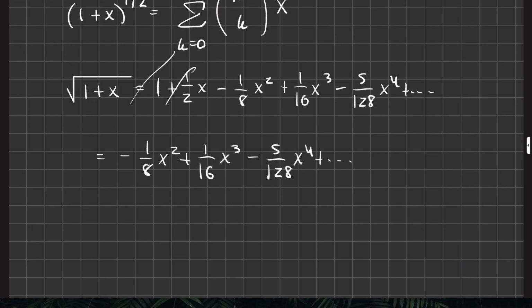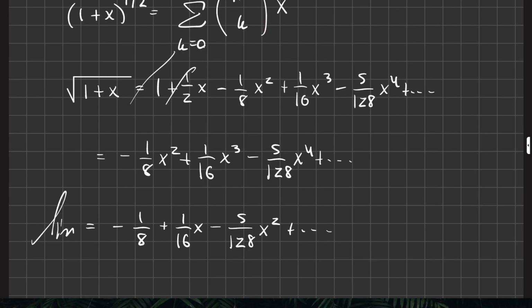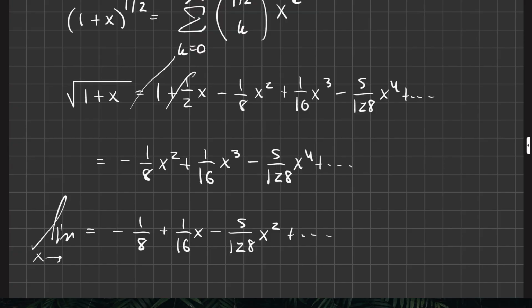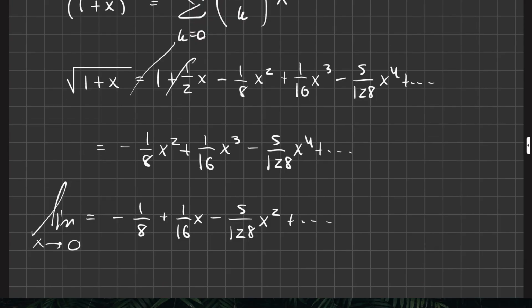So now we divide everything by x squared, so the function comes out to minus 1/8 plus 1/16 x minus 5 over 128 x squared, on and on. We're looking at the limit of this, obviously, as x goes to 0. So these go to 0, these go to 0, and all we're left with is just minus 1/8. So this is the solution to our limit.